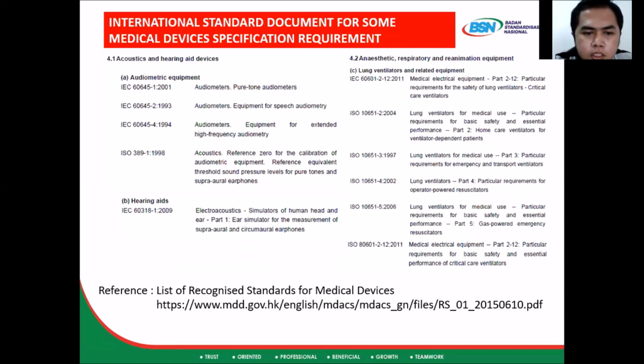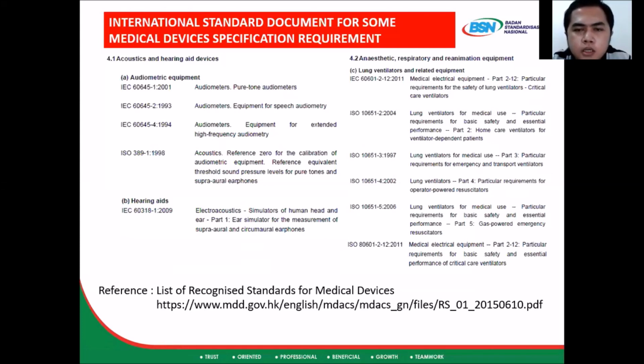And there's the list of recognized standards for medical devices. I got this from this website. There are so many standards for medical devices.